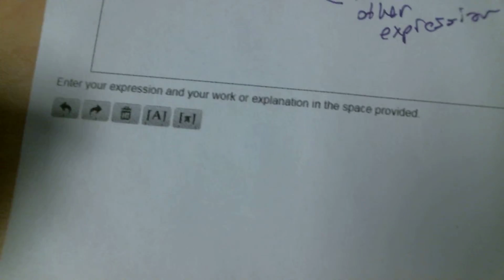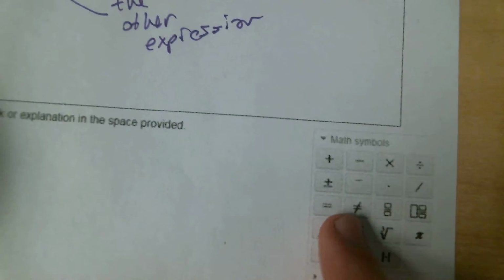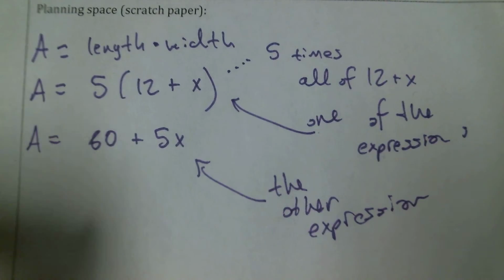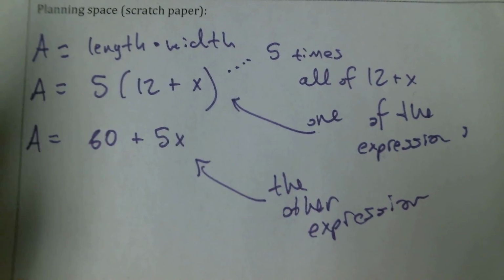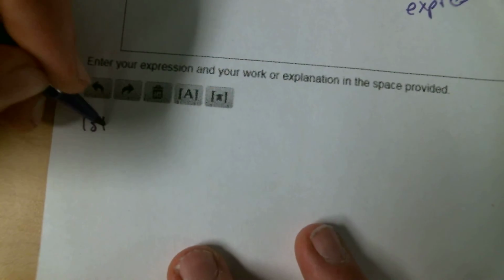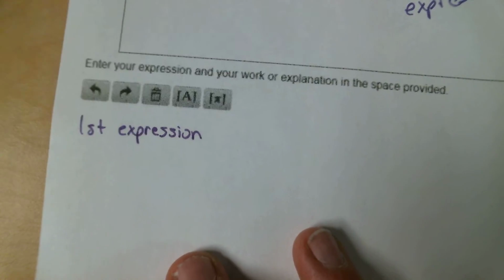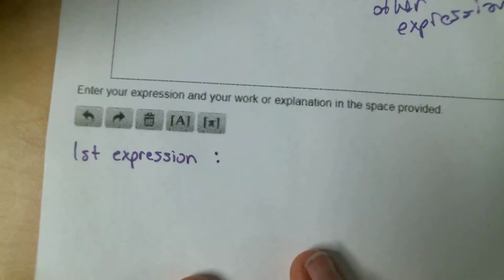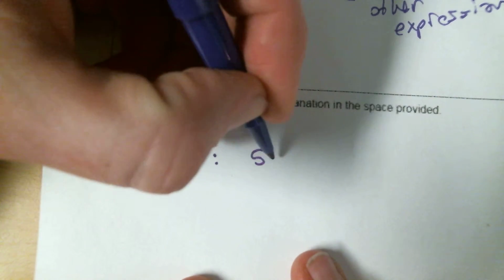So now I just have to take this down here, put it in my box, enter it, and keep track of my tools so we can practice like we're using it on the computer. It says write two expressions to model the area, then enter them in a box and explain how you did them. Well, let's start by entering them. My first expression, if I'm typing this in, I would type 5 parentheses 12 plus x.